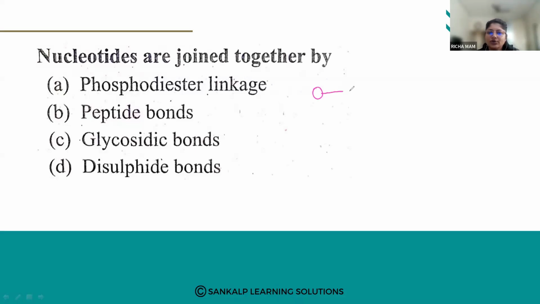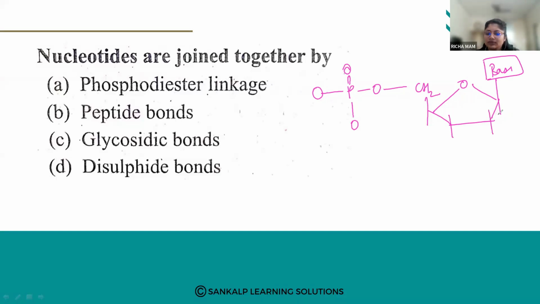If I show you a polynucleotide, this is your phosphate group, then you have your sugar, then your base will be attached, then again a phosphate group. And thus this will continue.